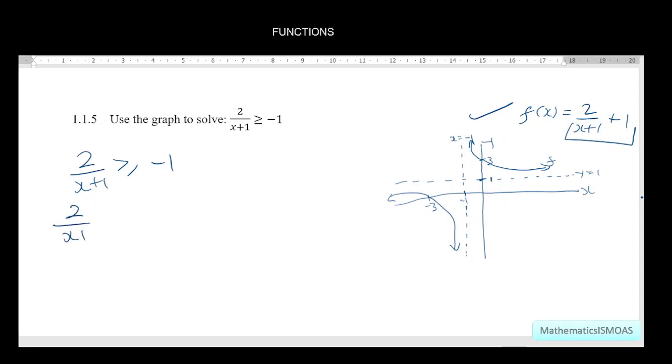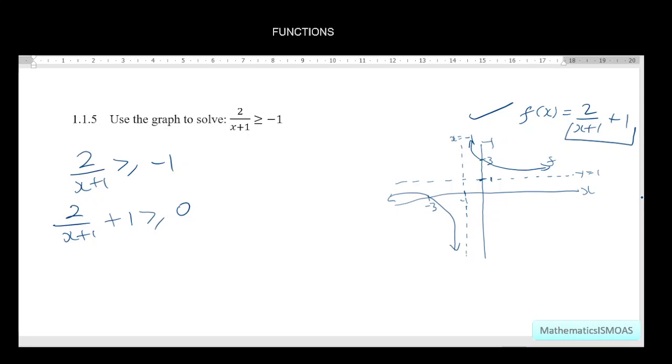2 over x plus 1 is greater or equals to, then on the right hand side, minus 1 plus 1 will be equals to 0. Therefore, we actually have to solve for 2 over x plus 1 is greater or equals to 0.